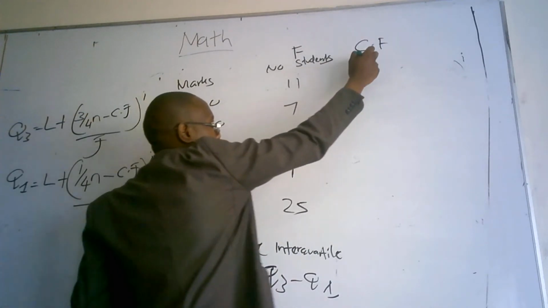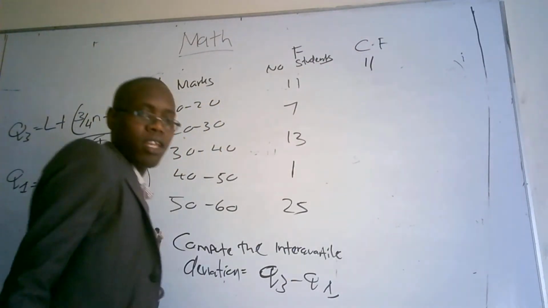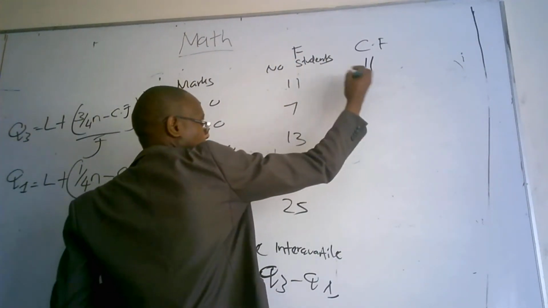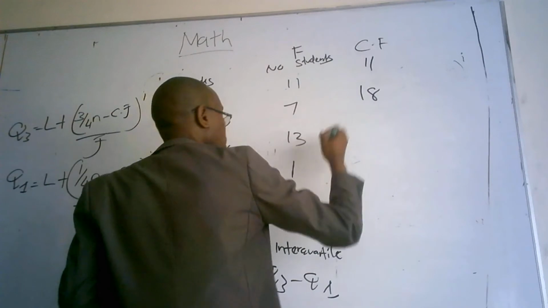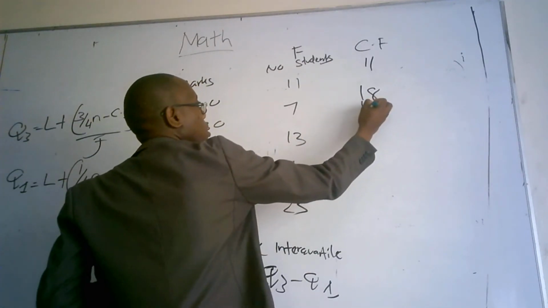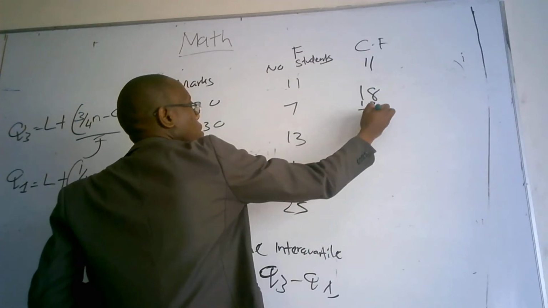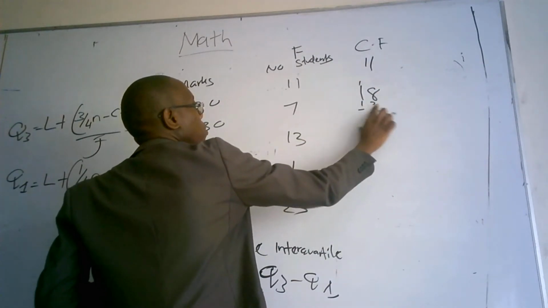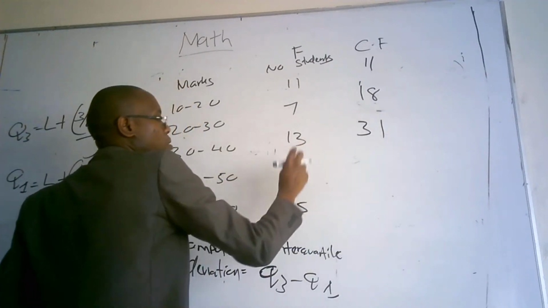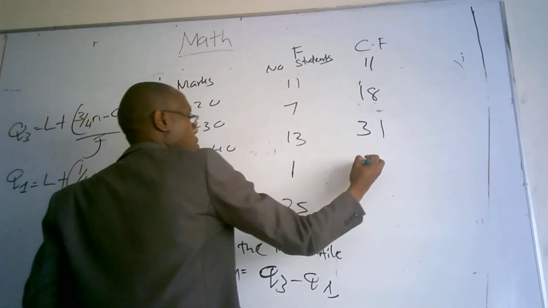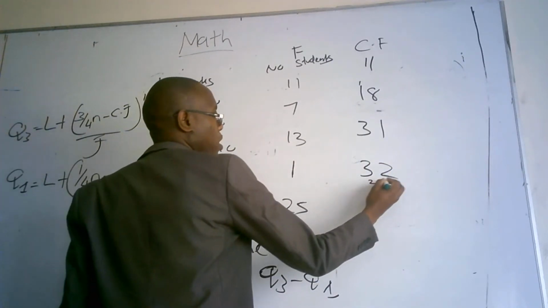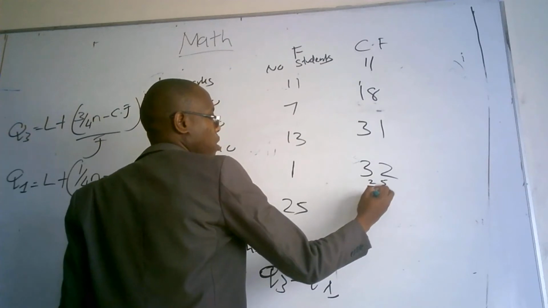We start with 11, and then we add 11 plus 7, which gives you 18, and then 18 plus 13 gives you 31, and that plus 1 gives you 32, and then 32 plus 25 gives you 57.